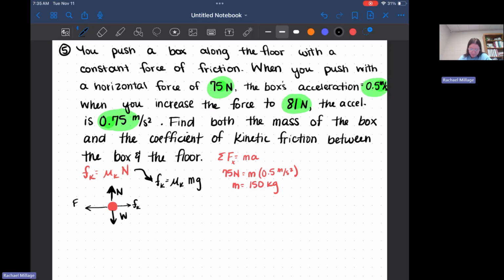So the sum of forces in my x direction is not just as simple as mass times acceleration, right? Because it's going to be some force, which is my F here, minus my mu sub k m times g.